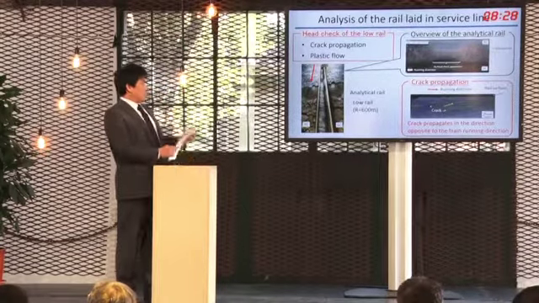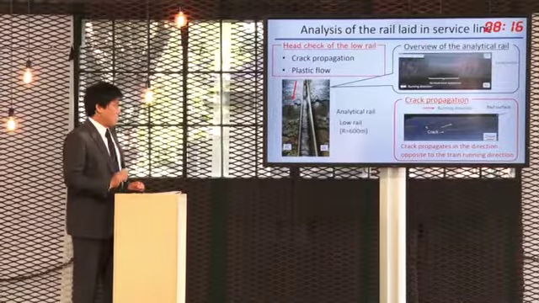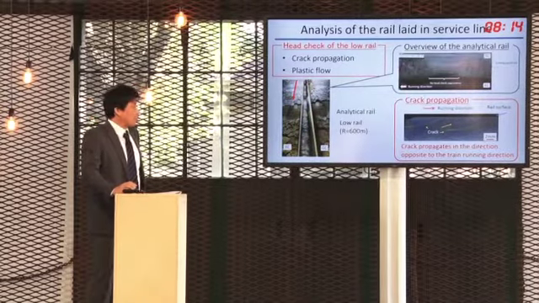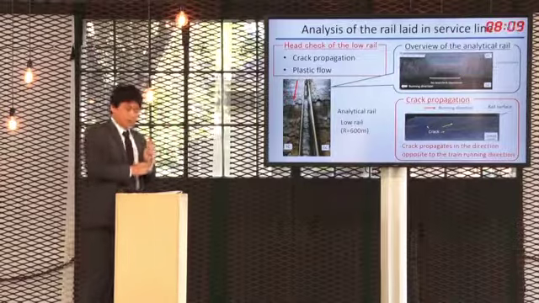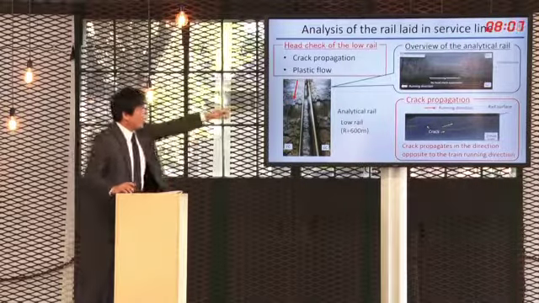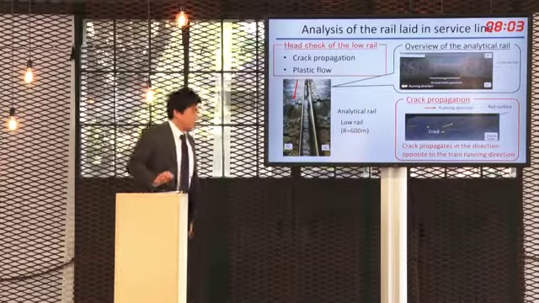In order to grasp the features of head check, we conducted the cross-sectional observation. We conducted the cross-sectional observation to see the crack propagation and the plastic flow. Here shows the outlook of the analytical rail.